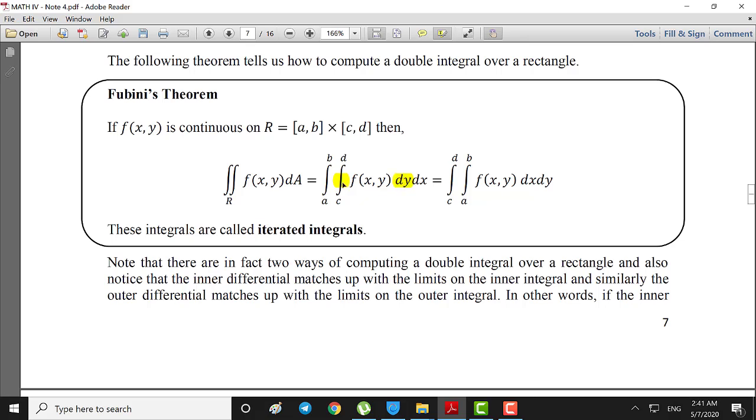So the limits for this inner integral should be the limits for y, which is from c to d.